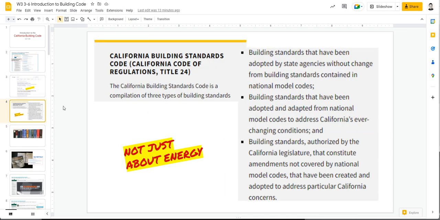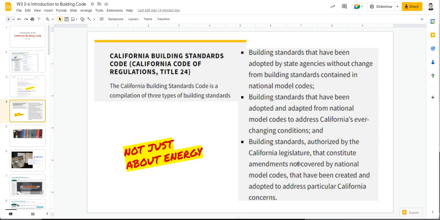Now, the California Building Code is made up of standards that have been adapted and adopted from other existing codes of the national model and international model.